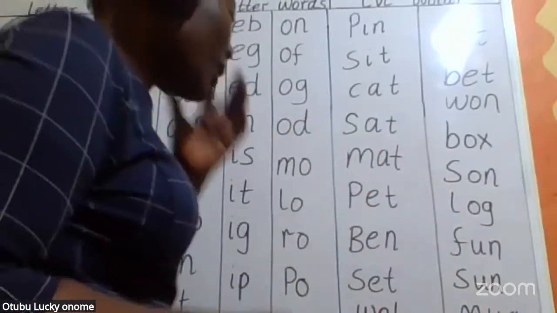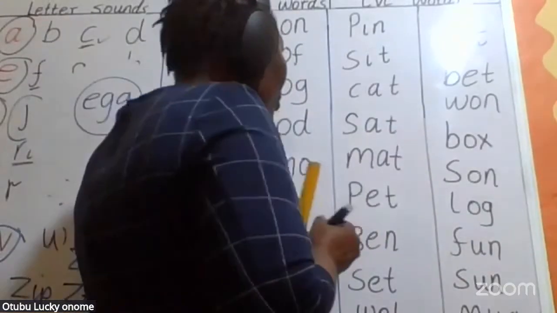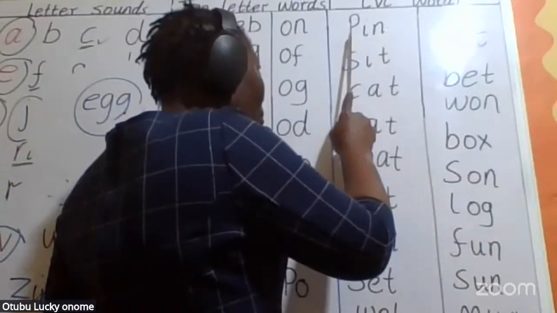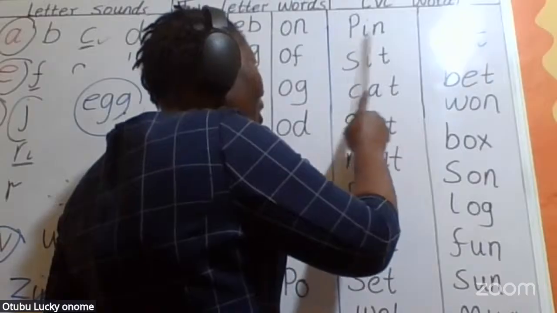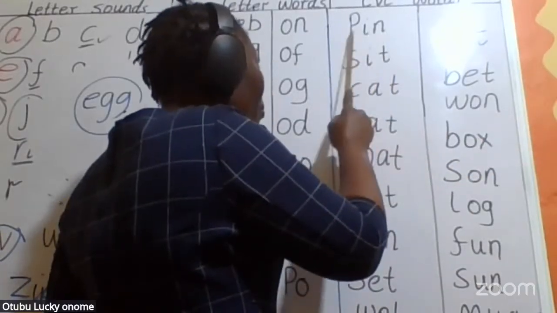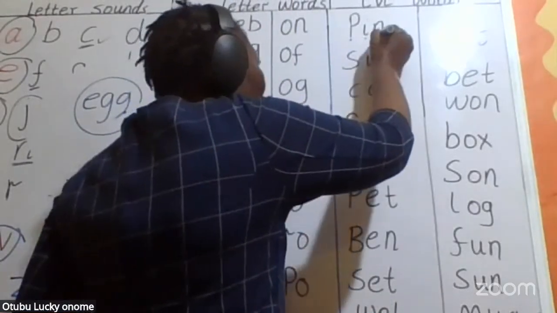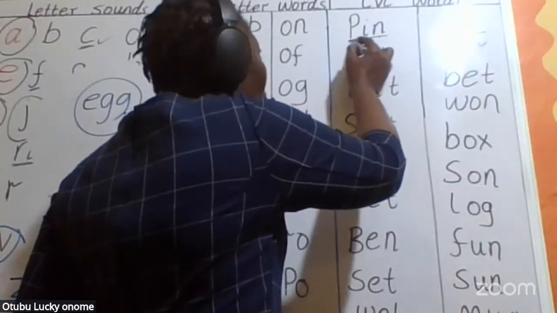But as we are starting from scratch, let's continue with this. When we have p, i, n, pin, we call the three sounds together. Pin.